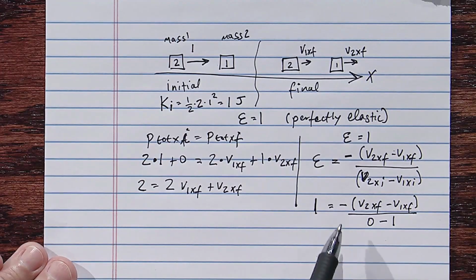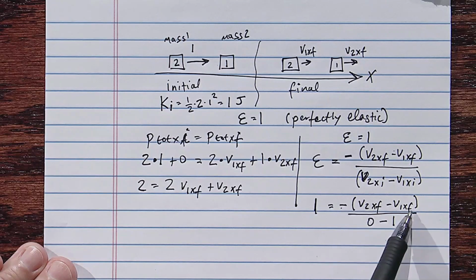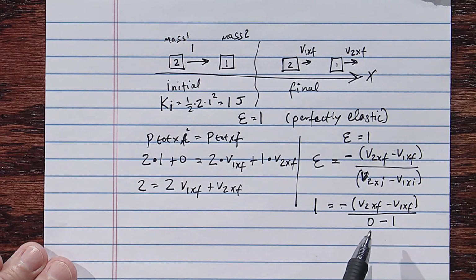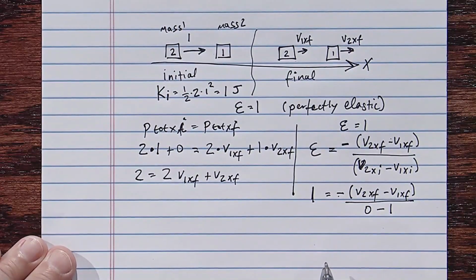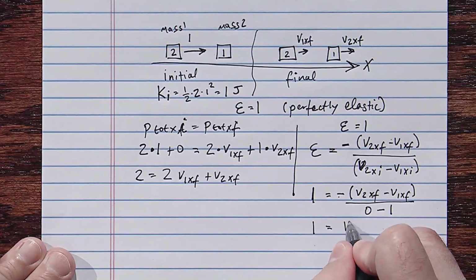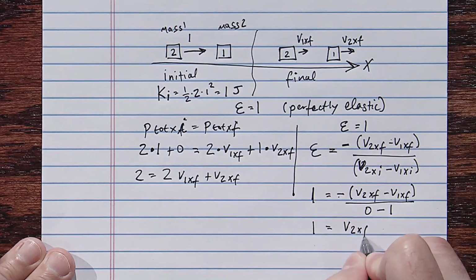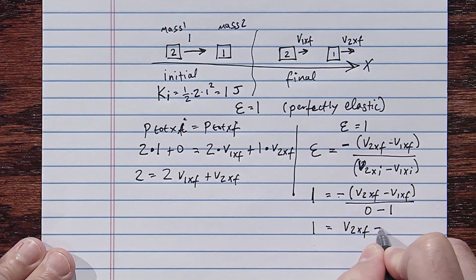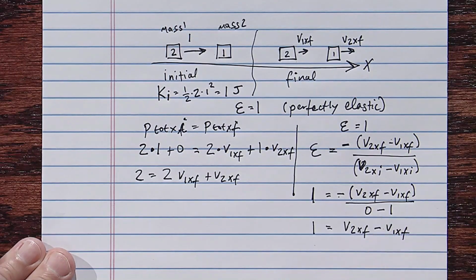And so here we have 1 is equal to negative this divided by negative 1. Well, I can cancel off these negative signs, and that would be 1 is equal to V2x final minus V1x final.